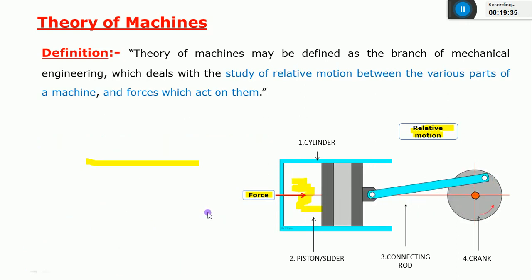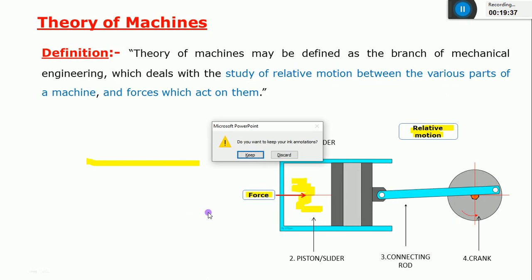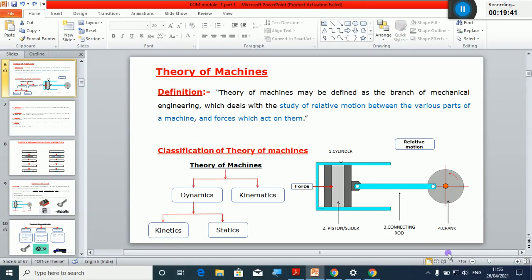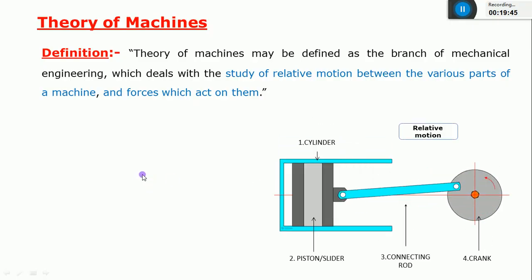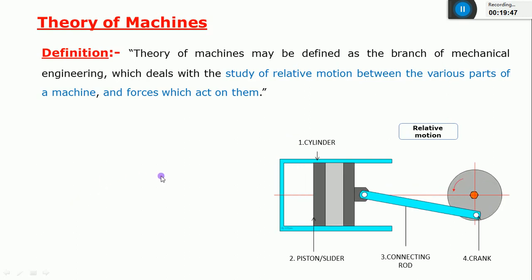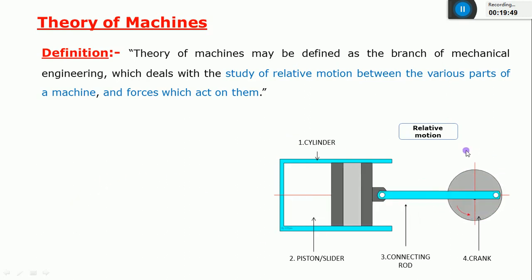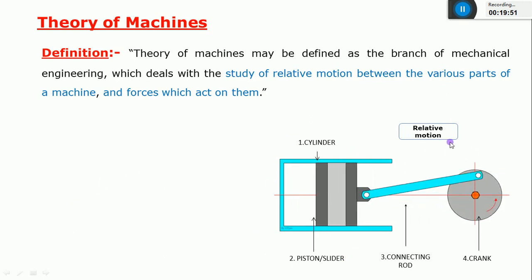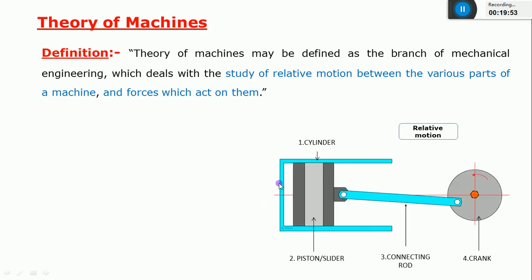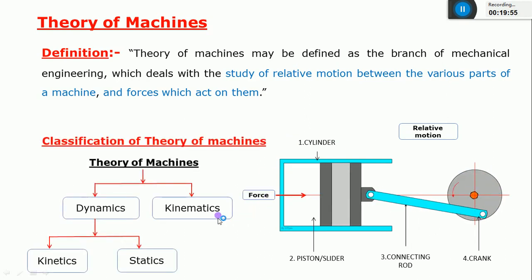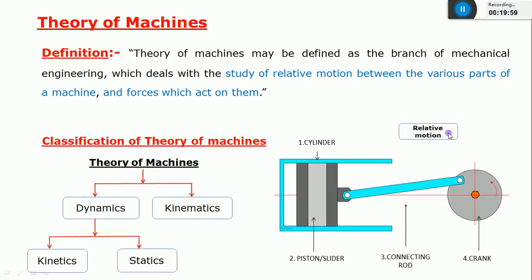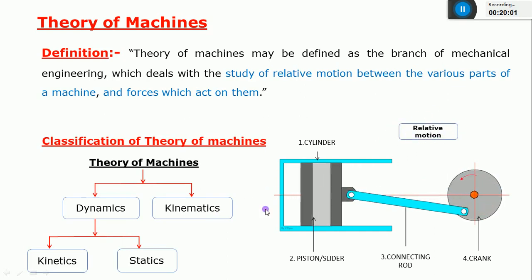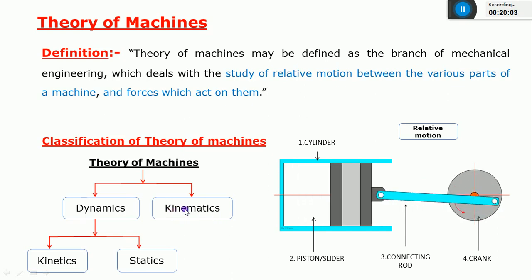Okay, so it has two types: dynamics and kinematics. If you are only bothered about the relative motion and not worrying about the forces, then it comes under kinematics.